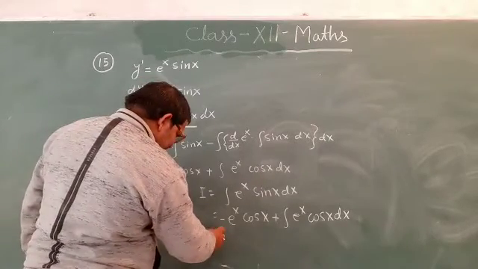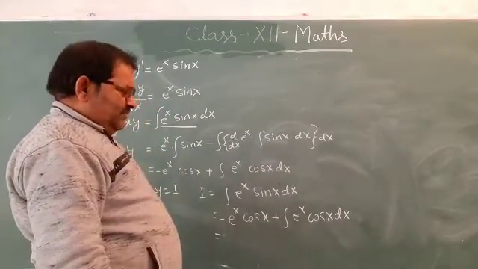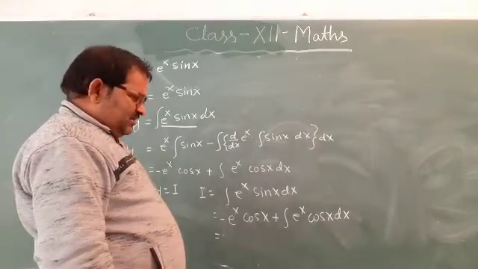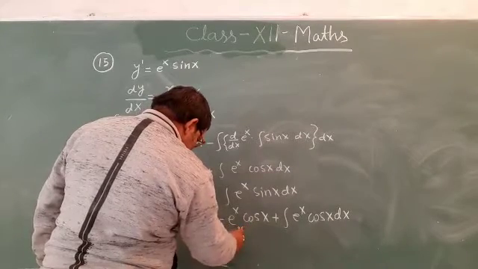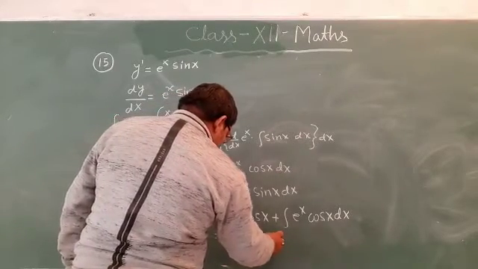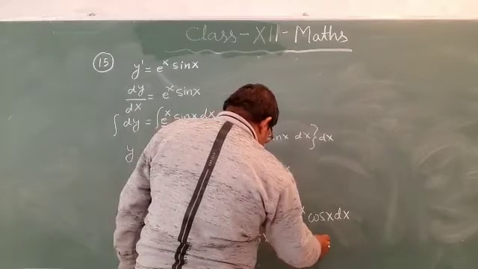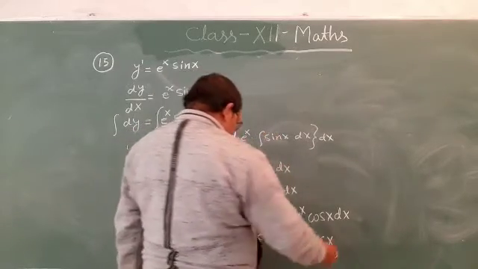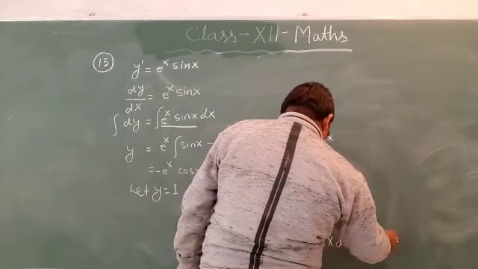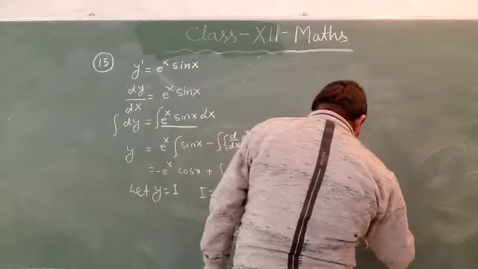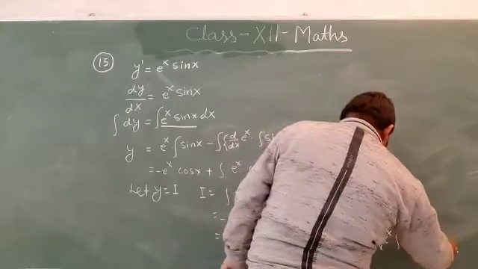And e^x cos x is another product of functions: e^x times integral of cos x, minus the integral of the derivative of e^x times the integral of cos x dx.